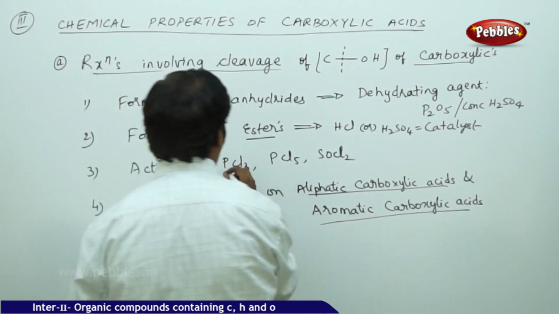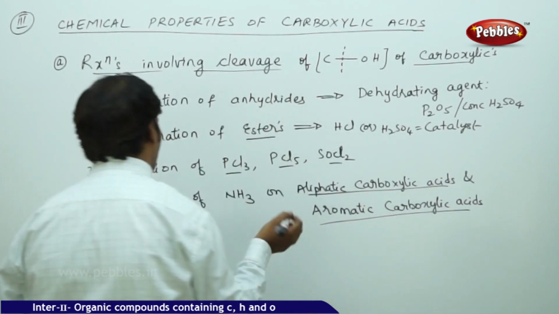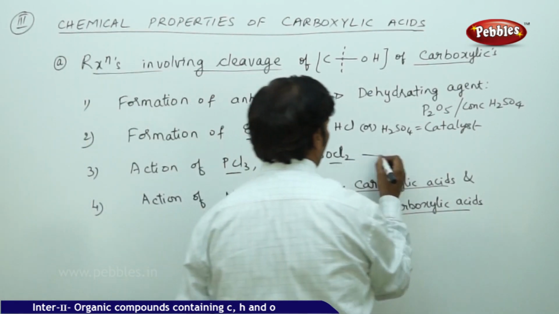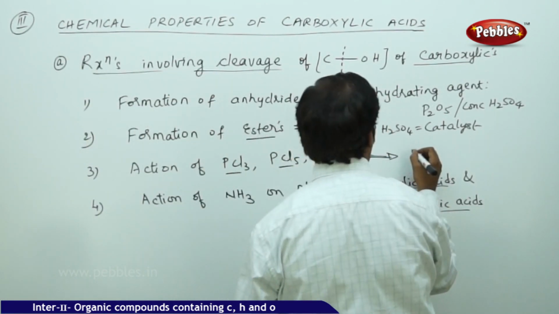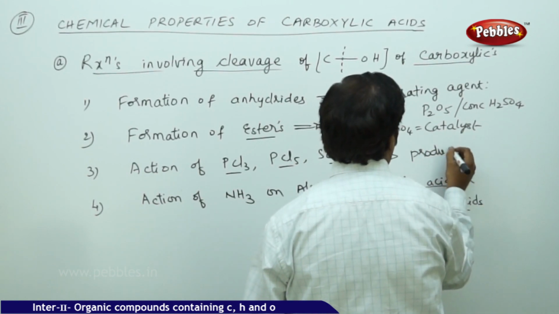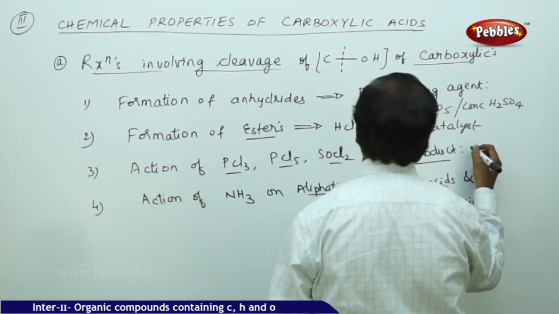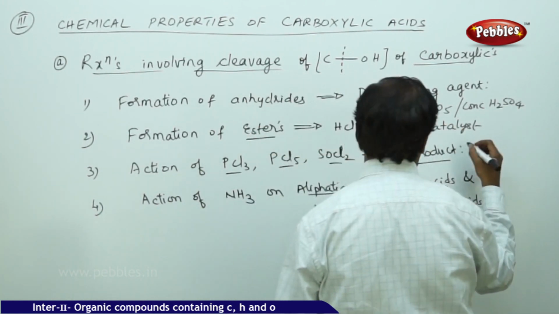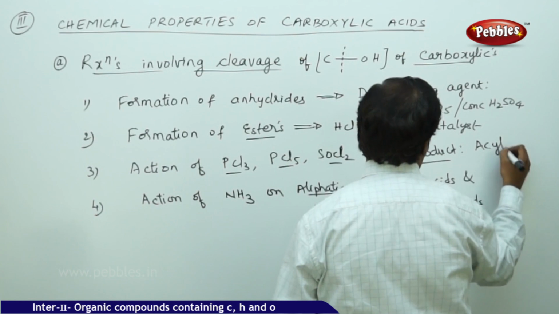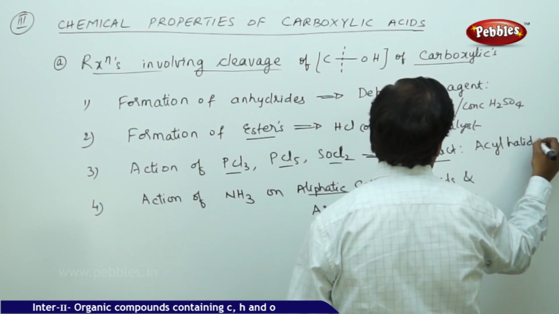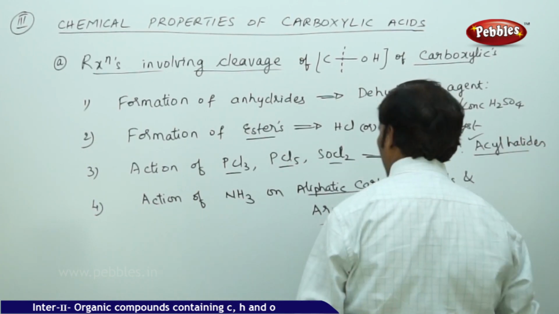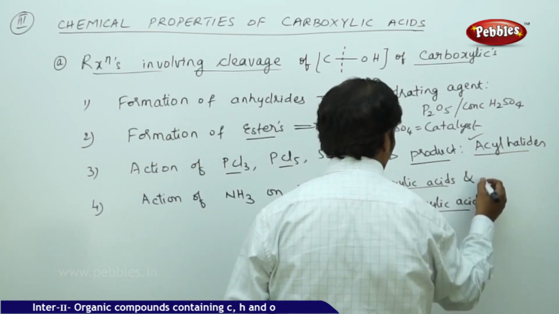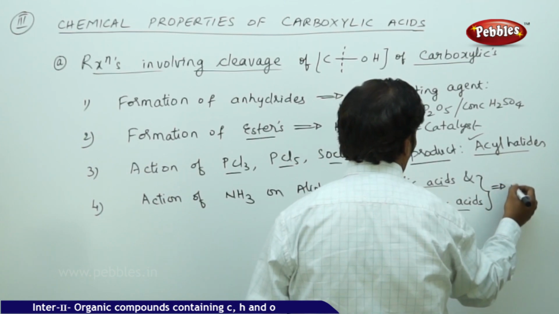In the action of PCl3, PCl5 and SOCl2, they are directly involved in the reaction and give the respective chlorides. In all these cases you get acyl chlorides, acyl halides, and here the products obtained are amides.